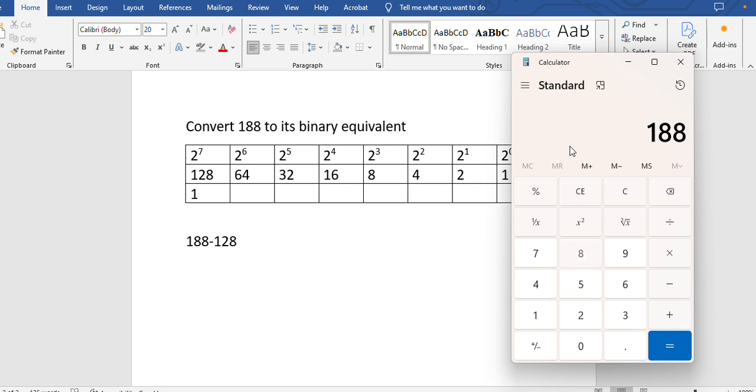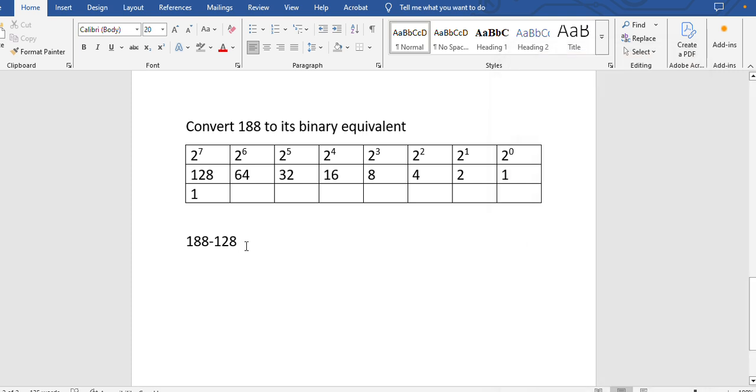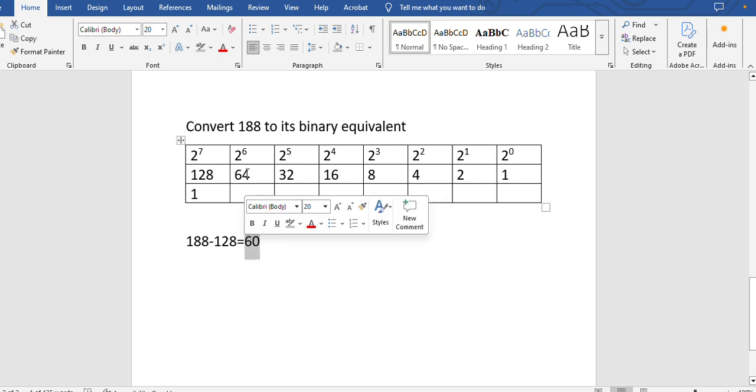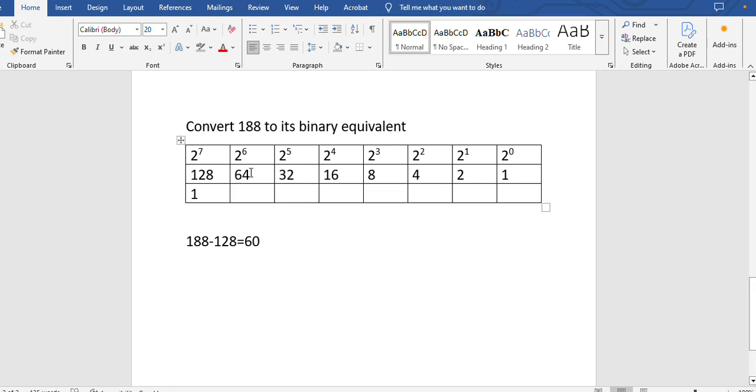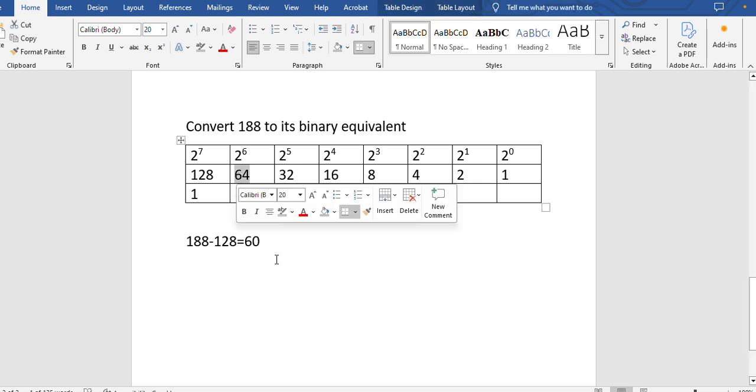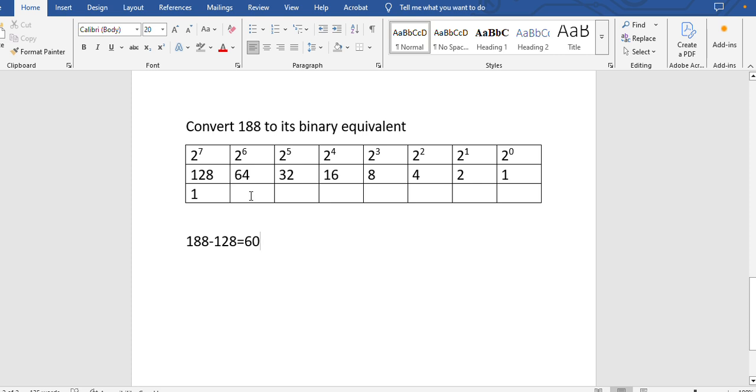So if it is greater than that or equal to that, you write 1, and then you take 188 minus 128. I think you should get about 50. 188 minus 128, it should be 60. Yes, so our answer is 60. And then you take this remainder and compare with the second item here.